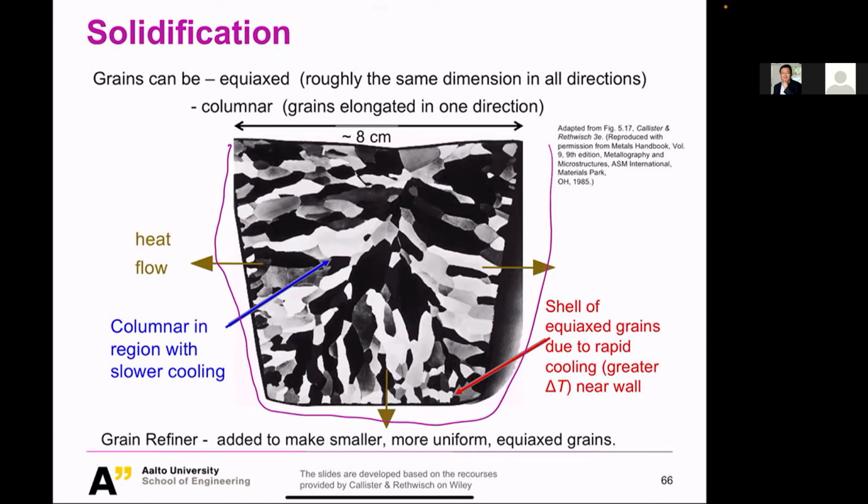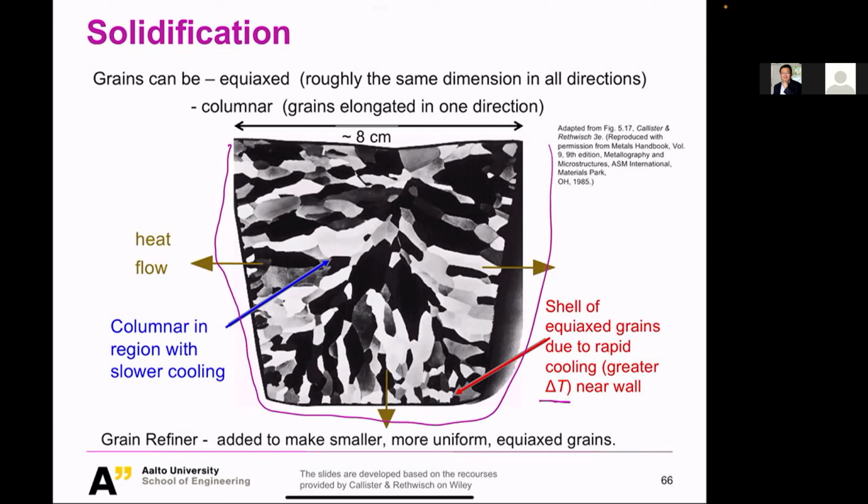The reason for that is simple: you have a rather large delta T over there, and then you will have many nuclei, and finally they develop and meet each other, becoming small and rather uniform in shape. But in the center, the delta T is rather small, because the heat is going to the outside of the container.